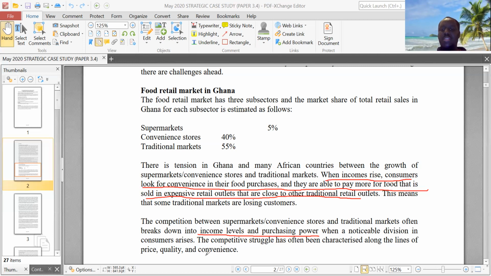It says the competitive struggle has often been characterized along the lines of price, quality, and convenience. If you realize, when we're talking about the strategic objectives or the goals that Customer Focus Limited has for its customers, it says low prices, great value, and high quality.